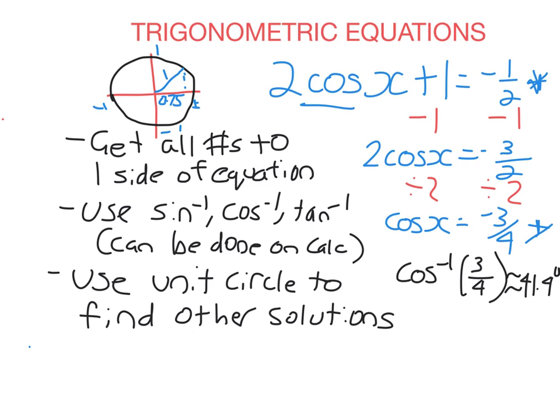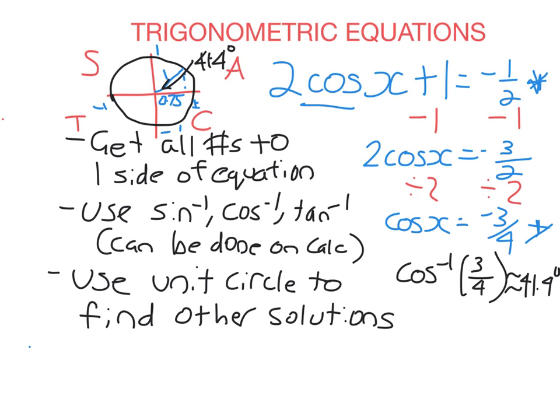So to make a triangle like this, the angle in here would have to be 41.4 degrees. Now, this allows us to find what the cos inverse of negative 3 over 4 would be, because as we discussed last time, all are positive. When I say all, I mean sine, cos, and tan are all positive in the first quadrant.